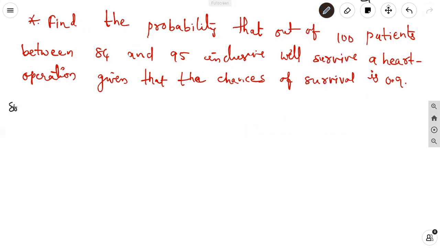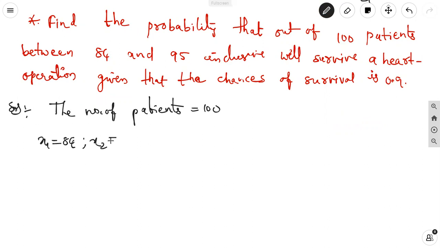First, read out the question. Find the probability that out of 100 patients, here the number of patients n equals 100, and between 84 and 95, that is x1 equal to 84, x2 equal to 95.